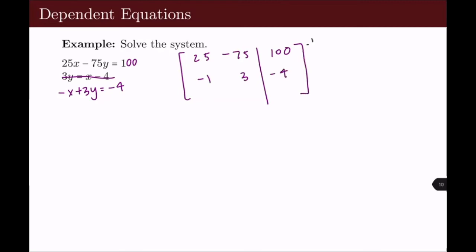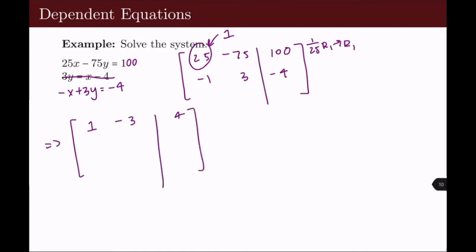I'm going to do 1 over 25 row 1 is the new row 1, since we want this spot right here to be 1, we want leading ones. So that means I'm going to get 25 divided by 25 is 1. 75 divided by 25 is 3. 100 divided by 25 is 4. On the bottom row, nothing changed.